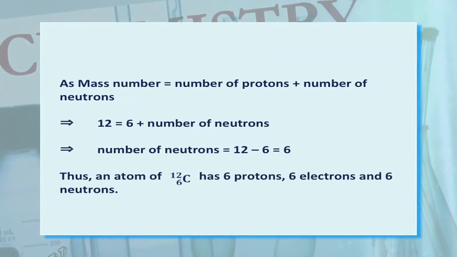As mass number is equal to the number of protons plus the number of neutrons, we put the relation here: 12 equals 6 plus the number of neutrons, then we get the number of neutrons is equal to 6. Thus, an atom of carbon-12 has 6 protons, 6 electrons and 6 neutrons.